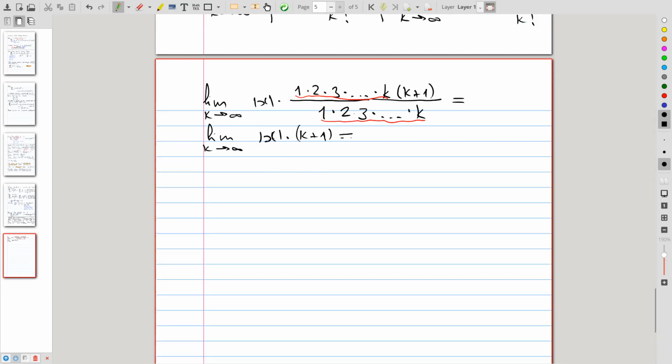So I can write it as absolute value x times the limit as k goes to infinity of k plus 1. All right, but this is a very simple limit. It's trivial to see that the value of this limit is plus infinity, and so we will have absolute value of x multiplied by plus infinity.